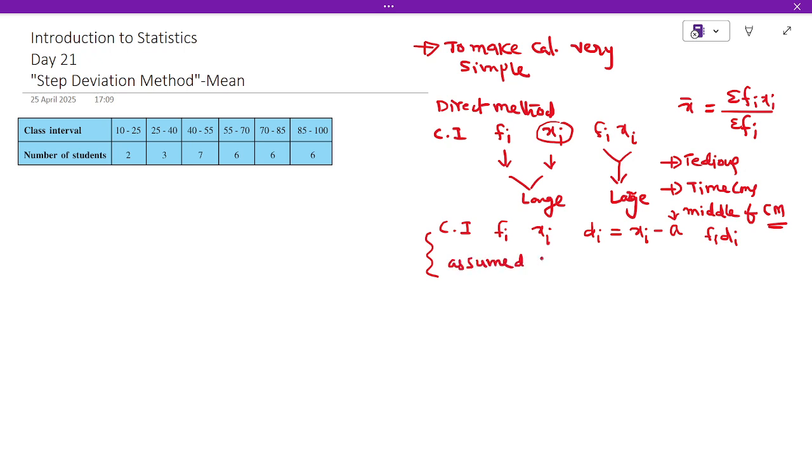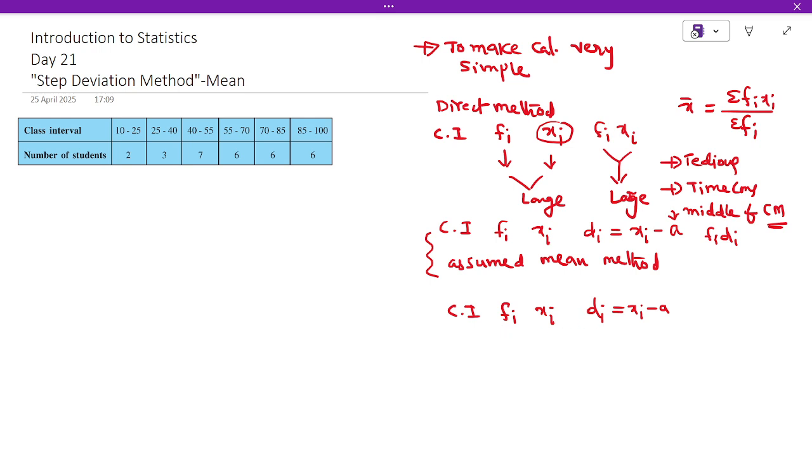Now in this session number 21, we are going to reduce further and make it more simple. We will keep these class intervals, fi's, xi's and di's, which are numbers we get from the previous methods. We are only extending from one method to another to make things very simple.